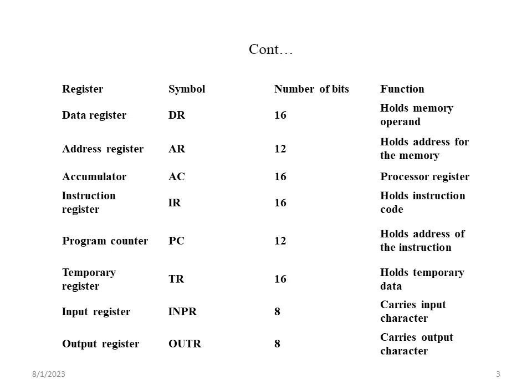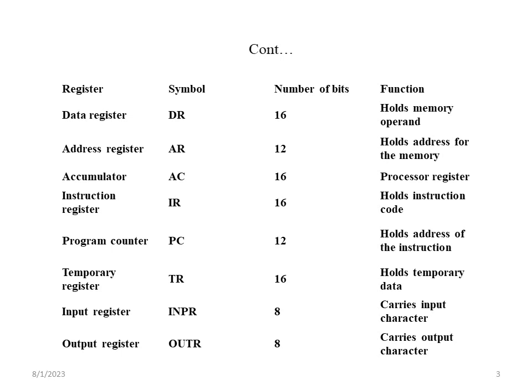The number of bits used for this address register is 12. And the most important register is the accumulator, because it is widely used for arithmetical and logical functions. It is called a processor register and it has 16 bits.